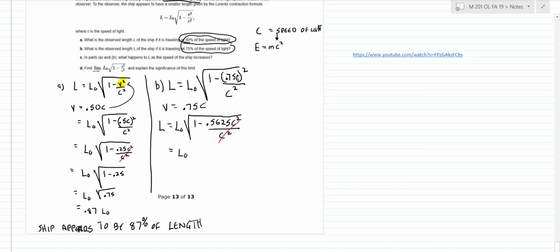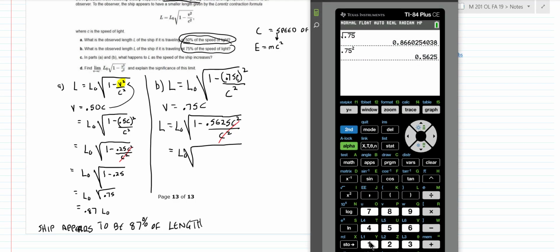So you're going to have L naught, and then we do 1 minus 0.5625. So we end up getting the square root of 0.4375. And then we'll do that on the calculator. So I just square root 0.4375, and that gives about 0.66 of L naught.